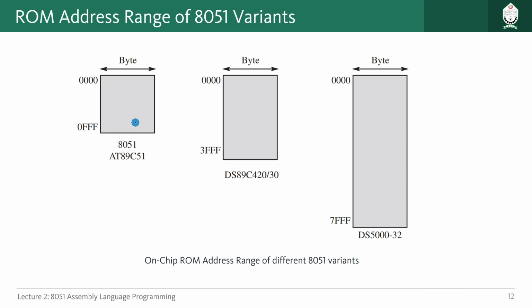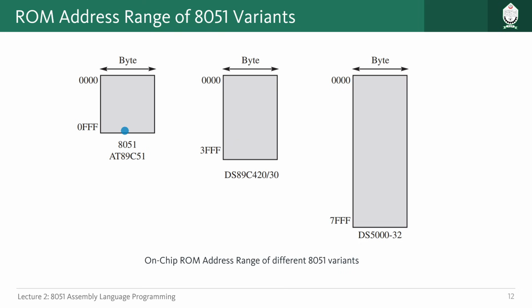So that means the starting address of that particular ROM would be 0000, and the last address should be 0FFF. So how do I remember that? I have a silly approach I always use, to understand from these memory addresses what is the amount of memory for this particular ROM, right?